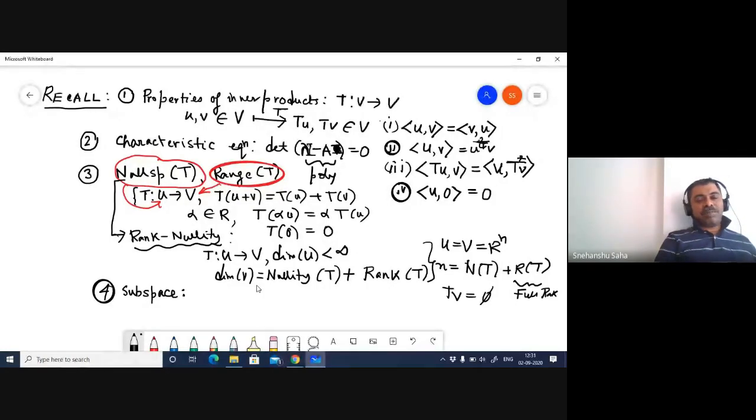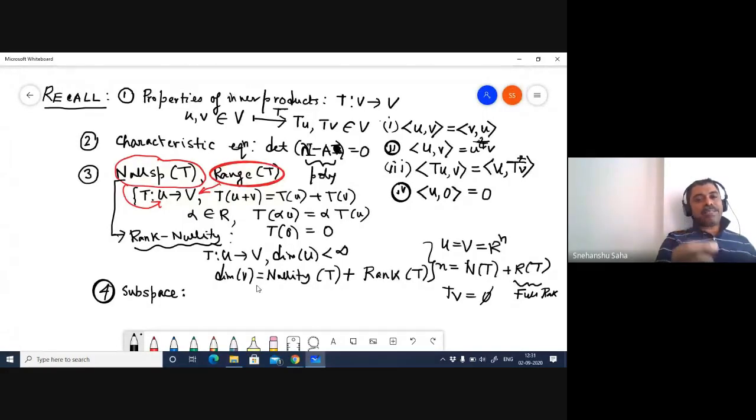It's a subset of a vector space with two properties that it has to satisfy, other than the fact that the subspace has to be non-empty and contain a zero vector. The first property is closure under addition, and the second is closure under scalar multiplication, right?